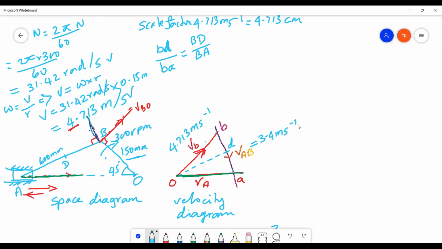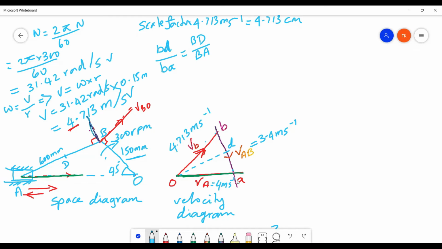Similarly, you measure this one and multiply with the scale factor, and that comes as 4 meter per second.